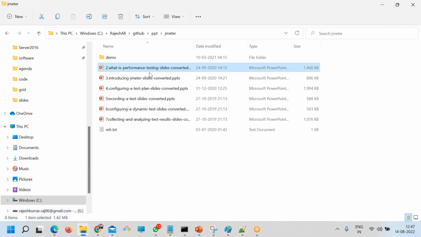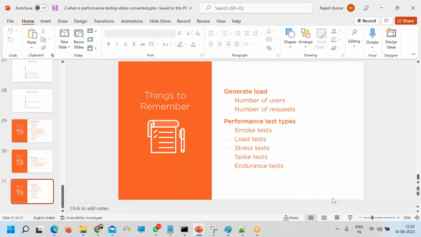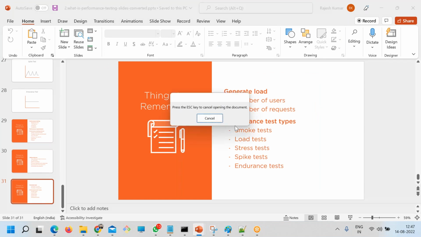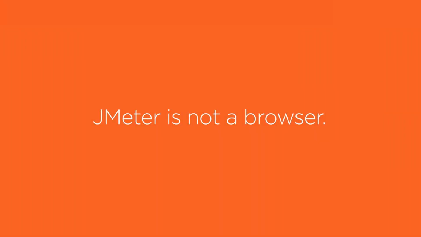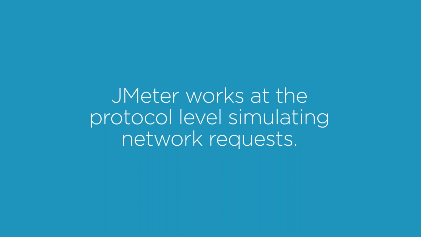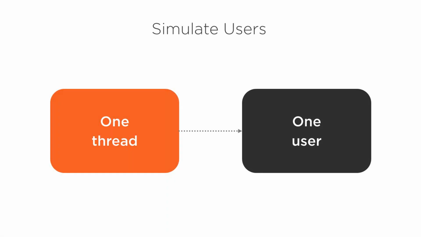Next, we'll try to understand the terminology of JMeter. Let me show you here. As I said, JMeter is not a browser. JMeter works at the protocol level, simulating network requests, which I stated already. How do you simulate the traffic of users?